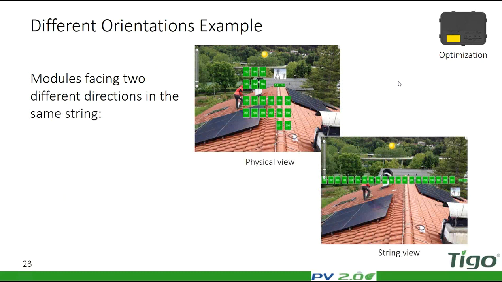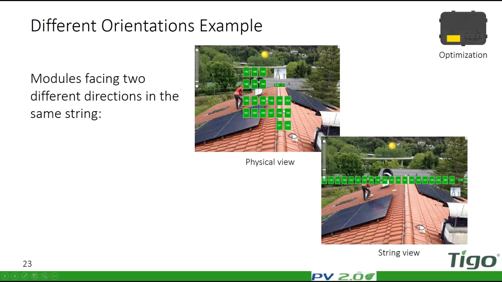Here's a great example out of Switzerland, I believe, where we have this very nice rooftop in this wooden area that has 6 modules on one side and 614 on the other side. In a physical view, you can see that the upper part is what we have here on the left, and the bottom part is what we have here on the right.